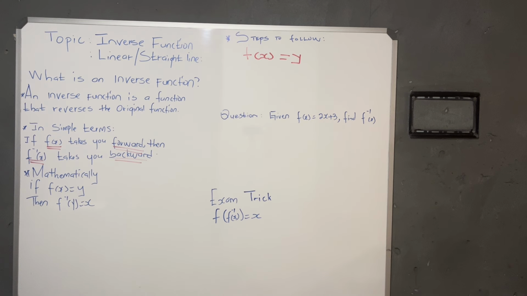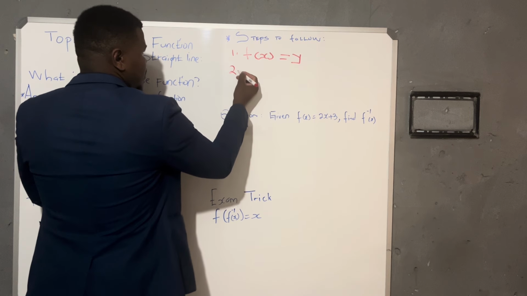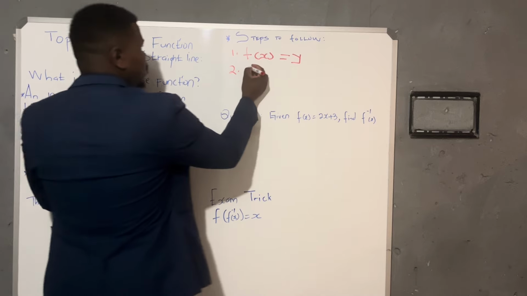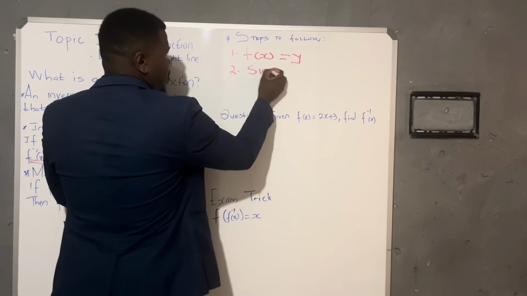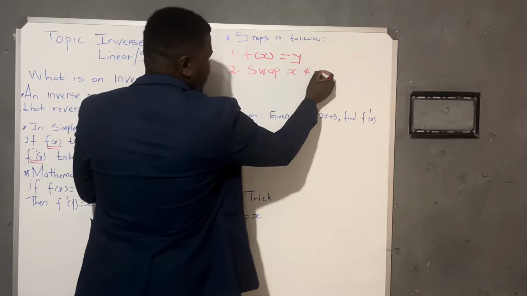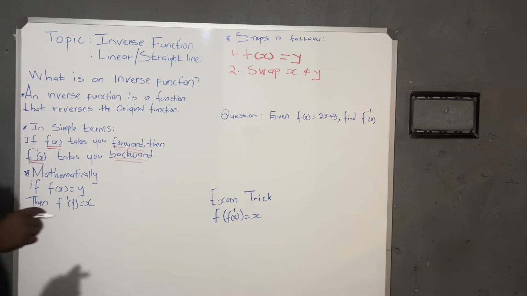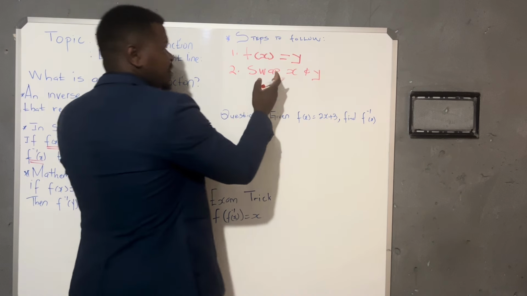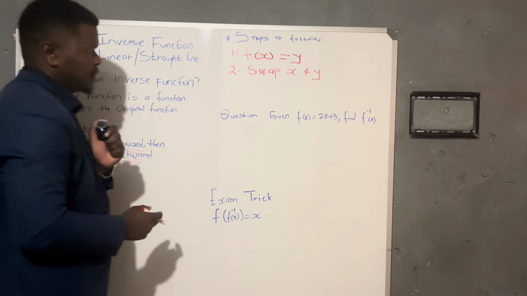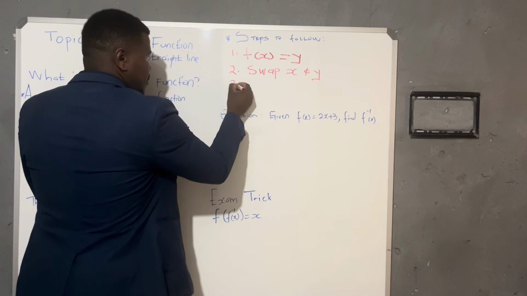What is step number two? Step number two: swap x and y. Meaning, where there was x, put y, or vice versa. Now, what is step number three?